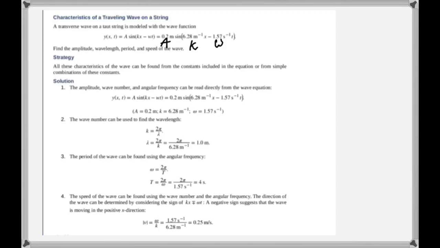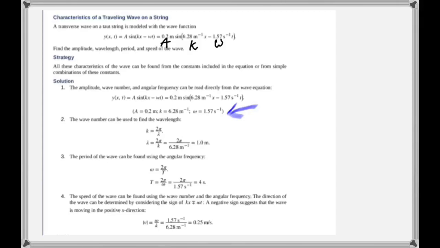So by comparing the equation with the general equation, you can find the amplitude, wave number, and angular frequency as is given in the step right here.